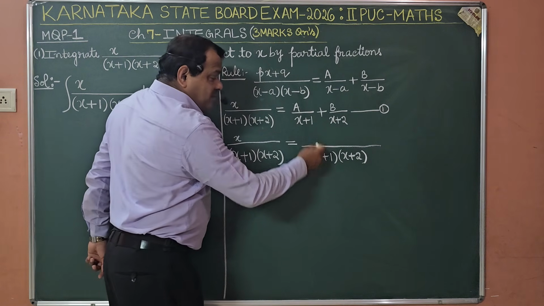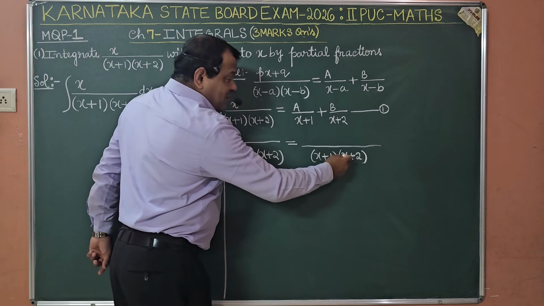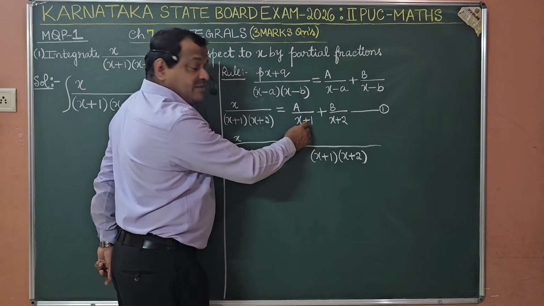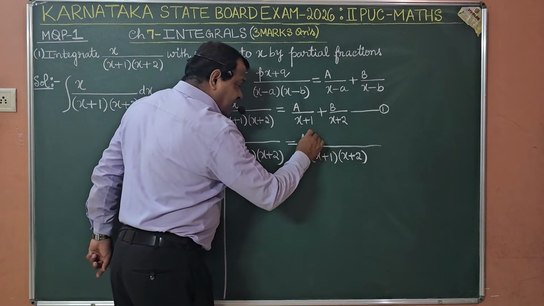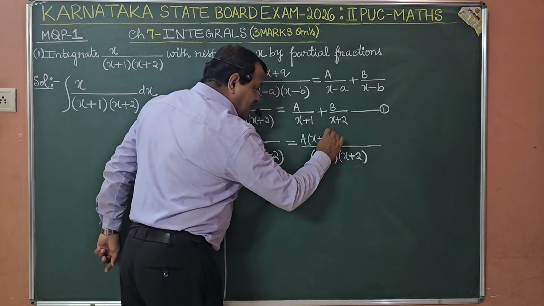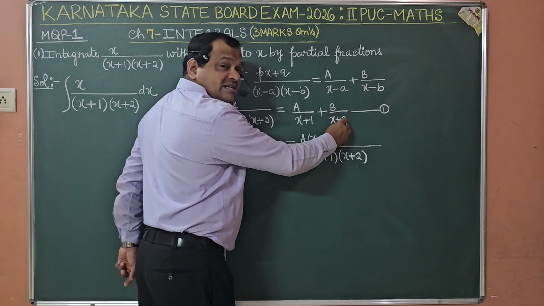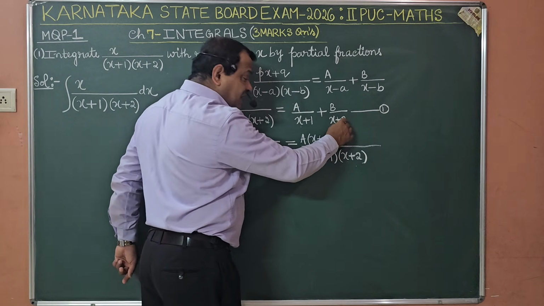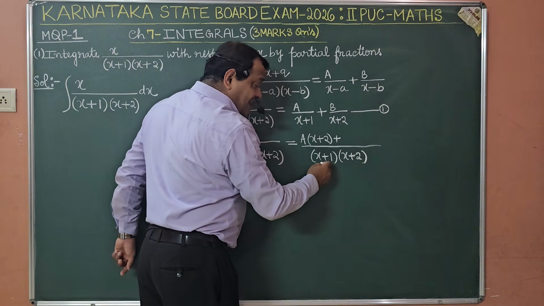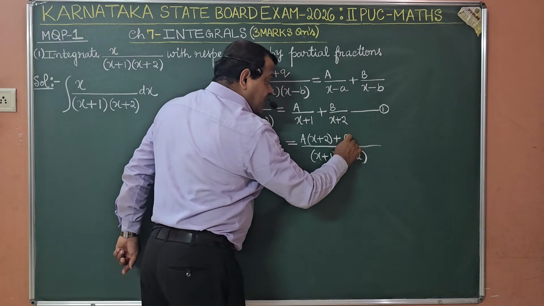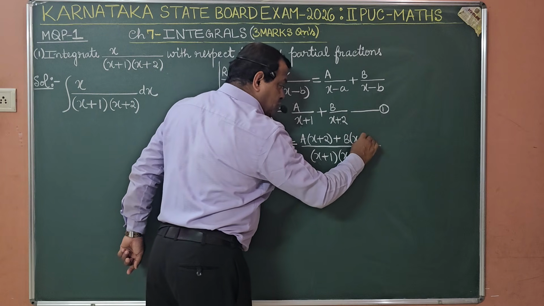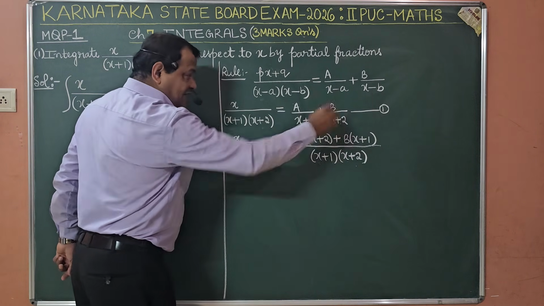Now the numerator, let me write. X plus 1 is present over here, but x plus 2 is not present in the denominator of A. Therefore, x plus 2 is multiplied to A, giving A into x plus 2. Similarly, x plus 2 is present in the denominator of B, and not x plus 1. Therefore, x plus 1 is multiplied to the numerator of the second, that is B, giving B into x plus 1.